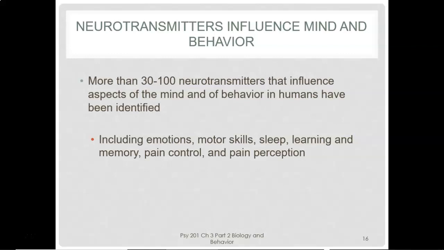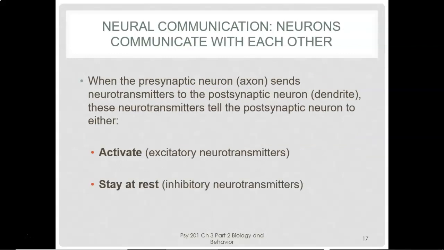So, the emotions that you feel, the movements that you can make, your ability to fall asleep, stay asleep, to dream, your ability to learn, to form memories, your ability to perceive pain and to control pain, anything your body or your mind does is controlled by synaptic transmission. These neurotransmitters control what the brain is doing and when it's doing that.